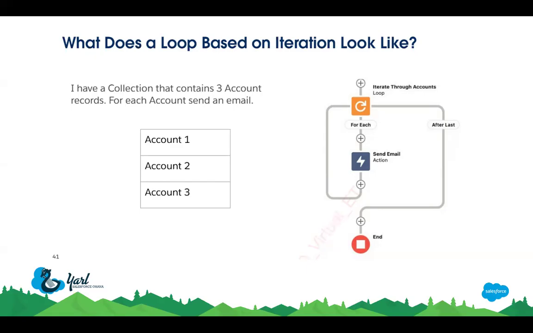So let's say I have 10 accounts in a list. I have to send email to 10 accounts. So what I have to do is iterate through the list. And whenever I receive each account, I have to check whether the account has an email address. If the account has an email address, I have to send the email. So this is the solution.